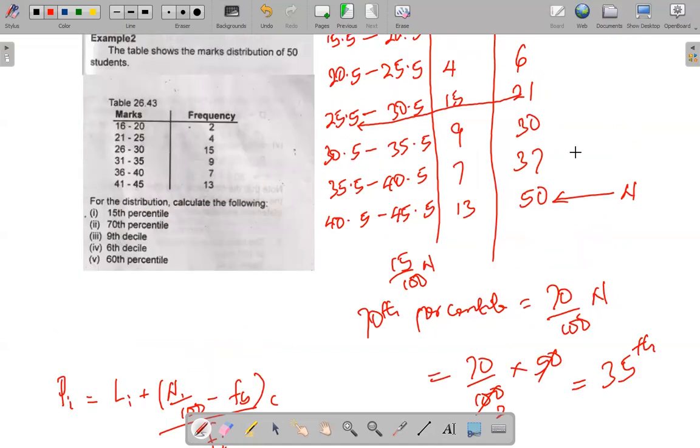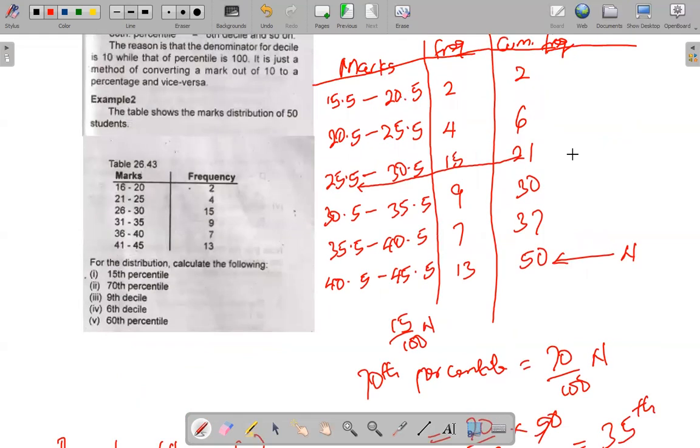We go back to our cumulative frequency and locate that item. Here we have 30. The 35th item should lie in this place because from 31 down to 37 is in this position here. Our required item is in the 35th position, so it's definitely in this place. So we trace it.